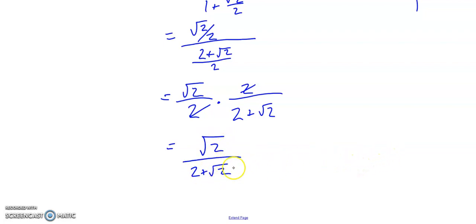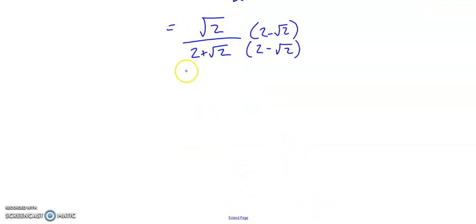I hate radicals on the bottom, so I'm going to multiply the bottom by the conjugate. If you multiply the bottom by the conjugate, multiply the top by the conjugate. So on top, I get 2 radical 2 minus 2. Radical 2 times 2 is 2 radical 2, and radical 2 times radical 2 is just 2.